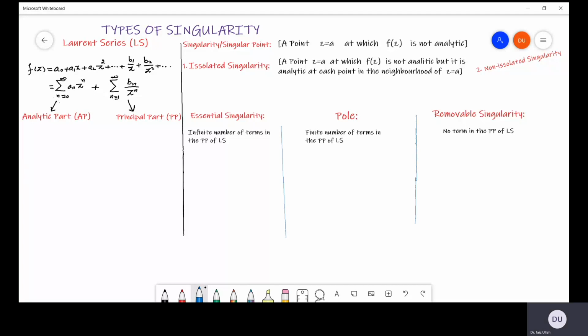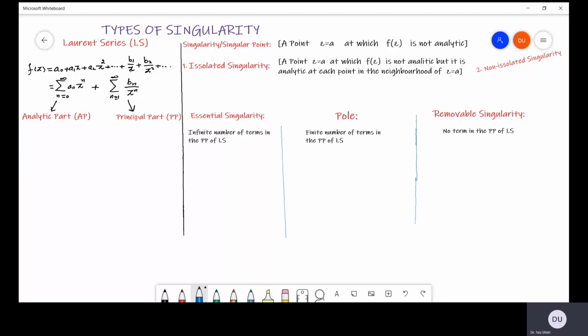The first summation, or the first part, is called the analytic part, and you can see this is a part in which all z, z square, z cube, all the variables are only in the numerator. In other words, if there is no z in the denominator, that part of the Laurent series is called an analytic part.